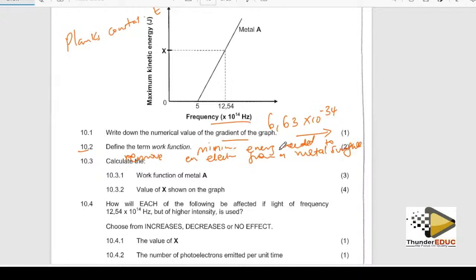Then 10.3.1, they want us to get the work function of A. Usually where the graph starts along the horizontal axis represents the minimum frequency, the threshold frequency.